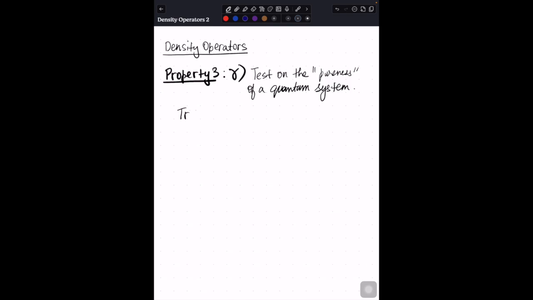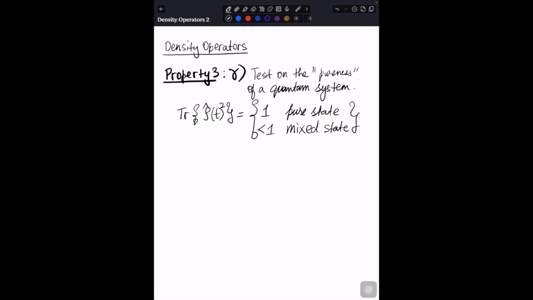You take a trace of rho square, the density operator square, and if it is equal to 1, you have a pure state, and if it is less than 1, you have, sorry, a mixed state.